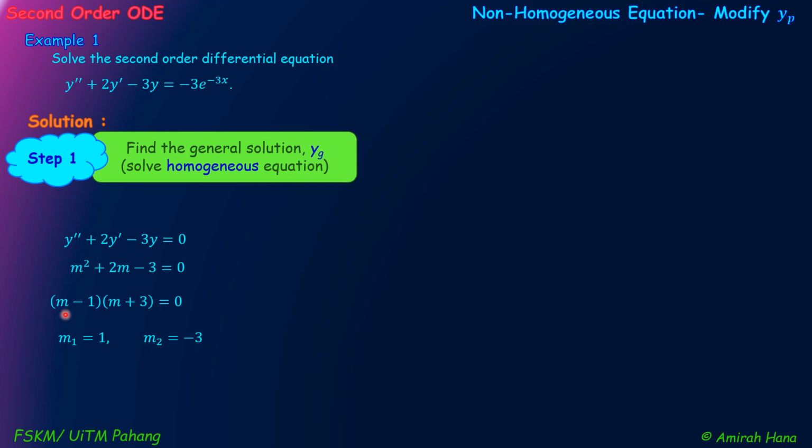Okay, we write m1 equals to 1 and m2 equals to negative 3. So now we have m1 not equals to m2. So this is called distinct real roots, right?